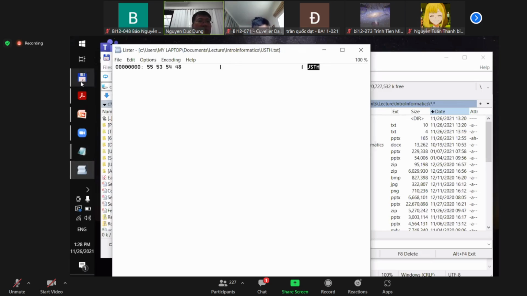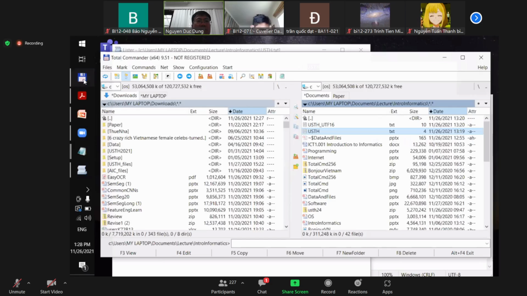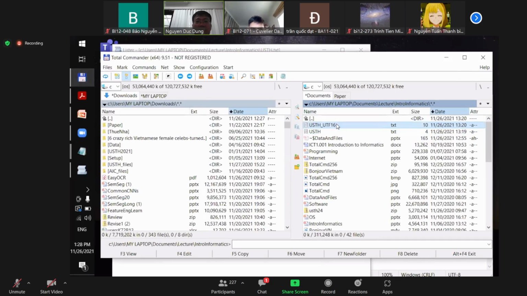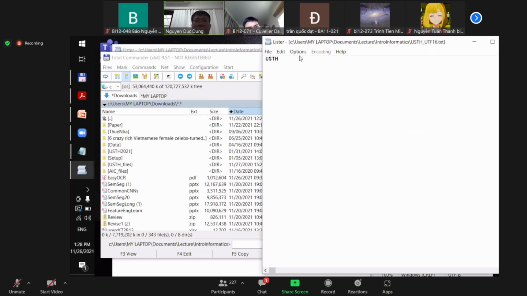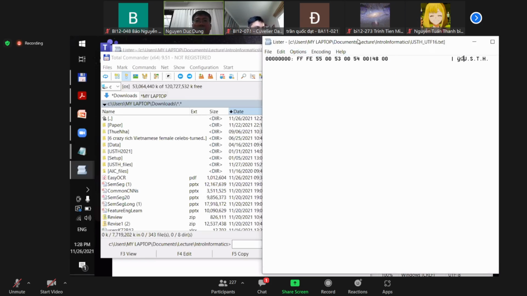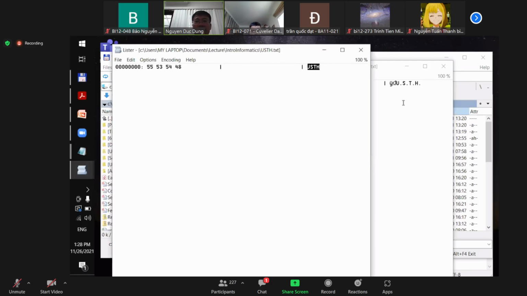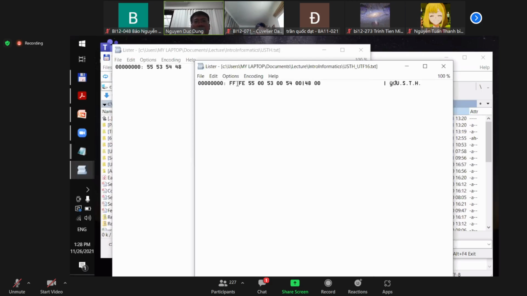Now, for the next one, UTF-16, we also view the content, not in Unicode, but in hexadecimal.